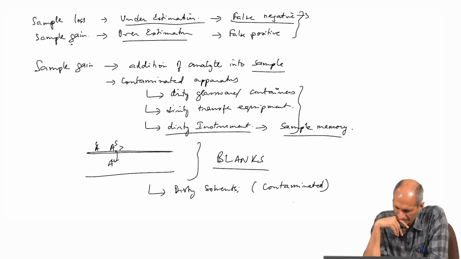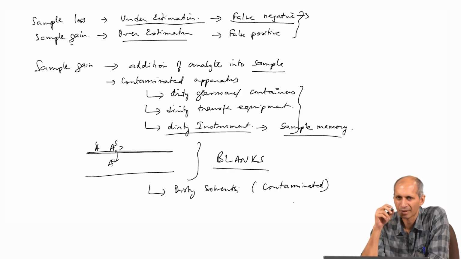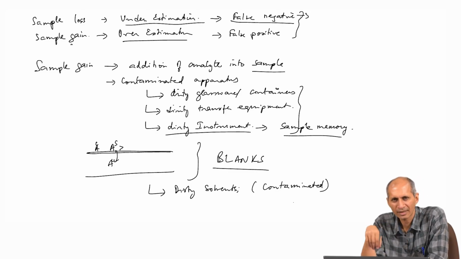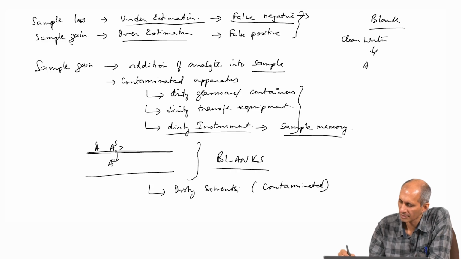So, for the matrix itself, you need a reference clean matrix for doing a blank, which means I need to do the entire analysis. So, I take clean water and go through the entire analysis, and then I get a reading or a measurement.